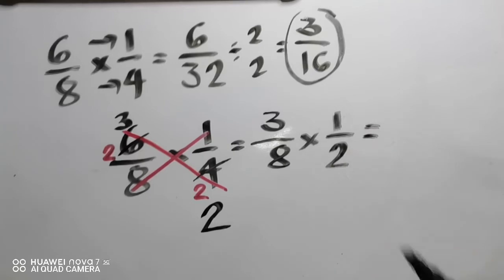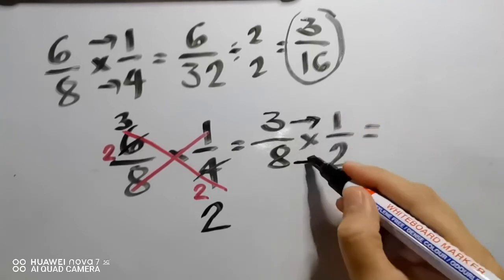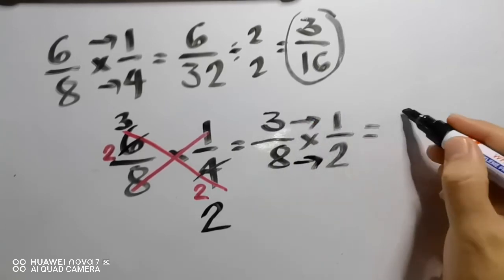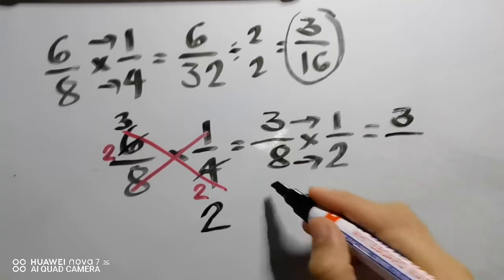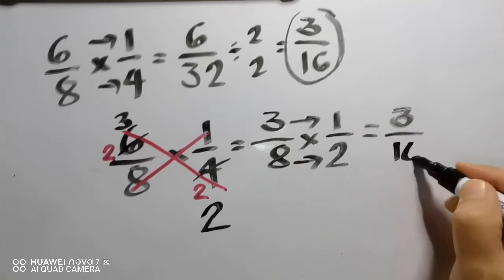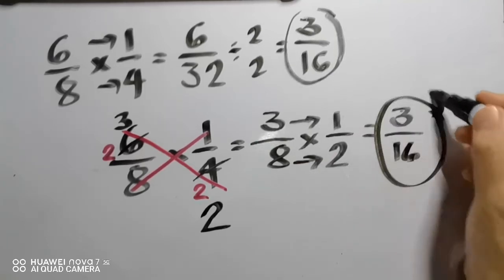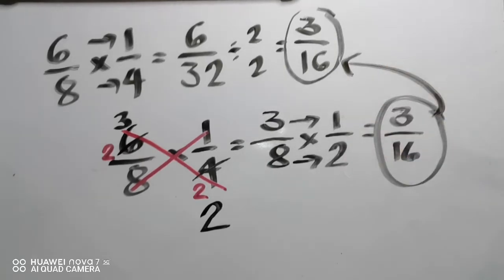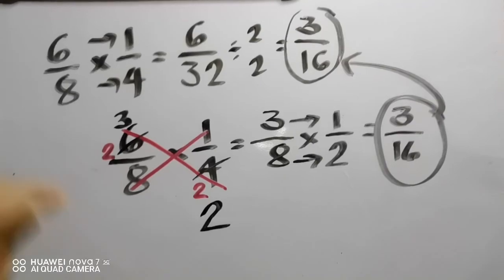Okay, multiply. 3 times 1, you have 3. 8 times 2, you have 16. Okay? We can see na they have the same answer.